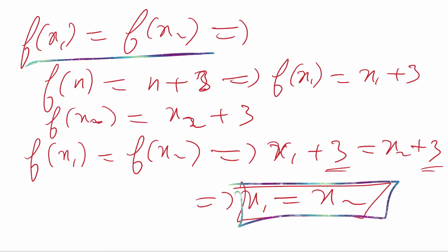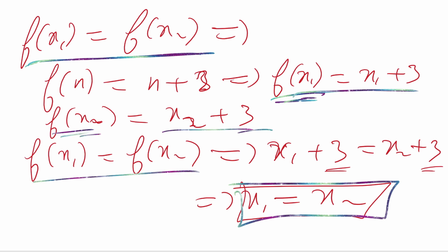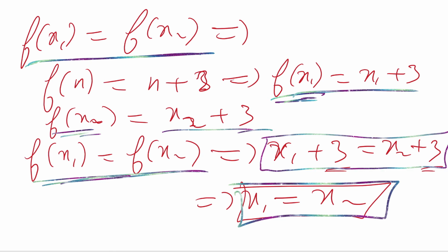Because we know how to compute f of x1 this way, and also f of x2 we can compute this way. So we can set this equal to this. Then from here you can just cancel out this expression, then get x1 equal to x2. Because we were able to show that x1 equal to x2, we conclude that this function is one-to-one.